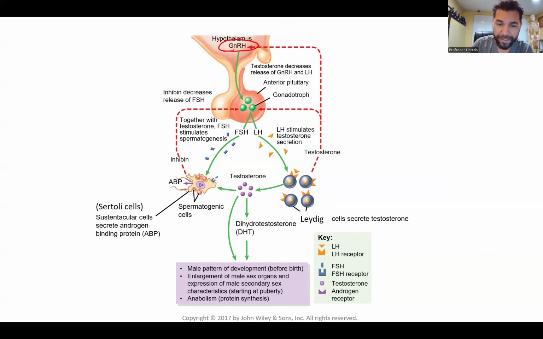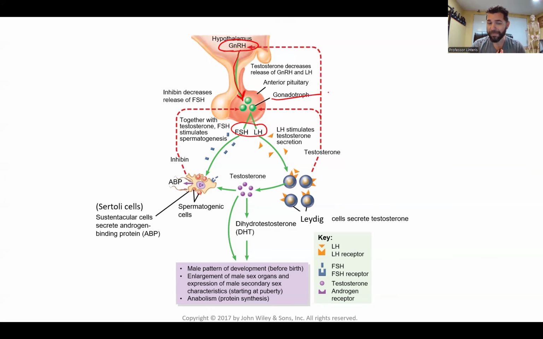We talked about that with the endocrine system. And GnRH tells the pituitary to release FSH and LH. It's gonadotropin-releasing hormone, stimulates the gonadotrophs to release FSH and LH.